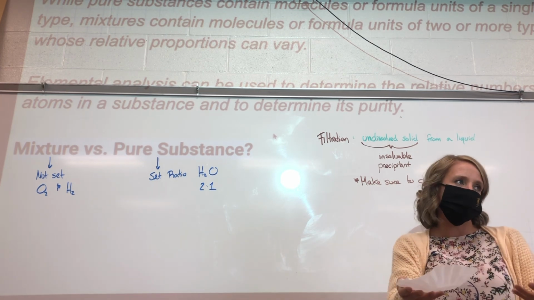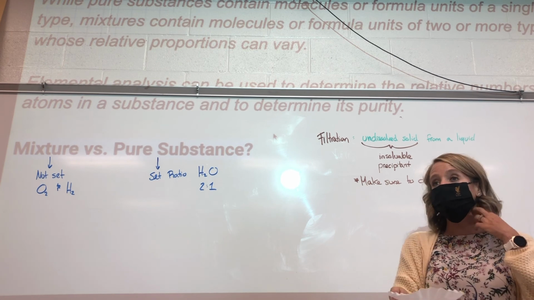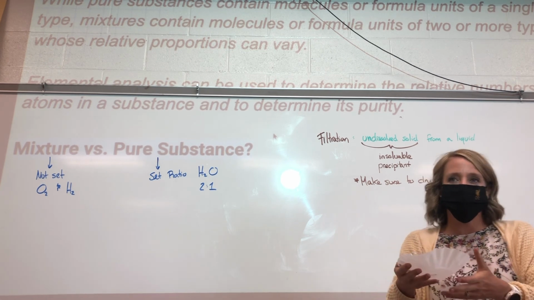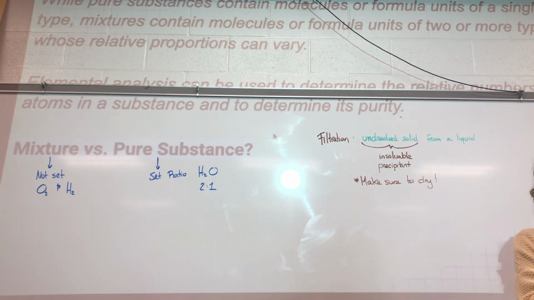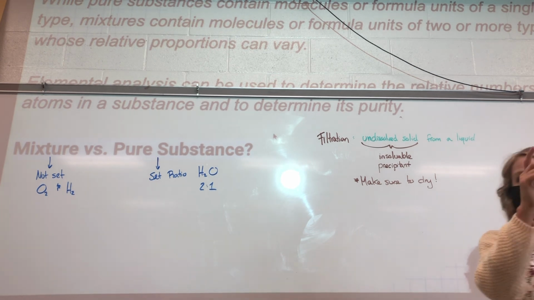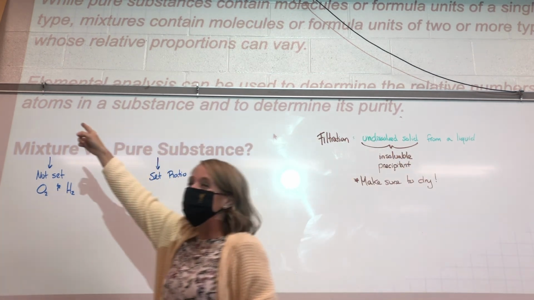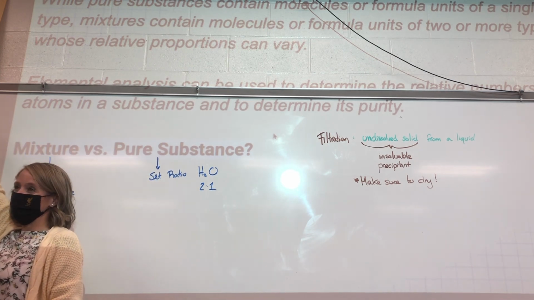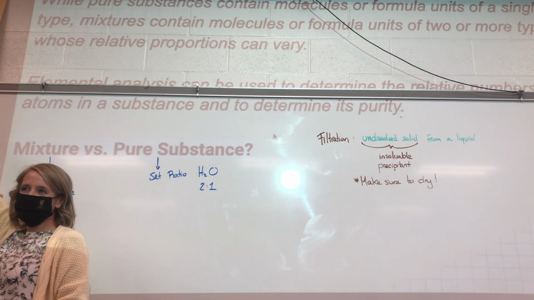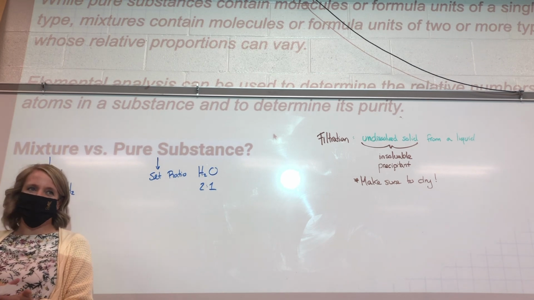One, you just let it sit in the air and it will take a few days. Or we have drying ovens where you put it in the oven and let it dry. How do I know when I'm done drying? If it's not wet. True, but you have to think at a molecular level, every little water molecule can be hard to see. How can I guarantee that all my water is gone?